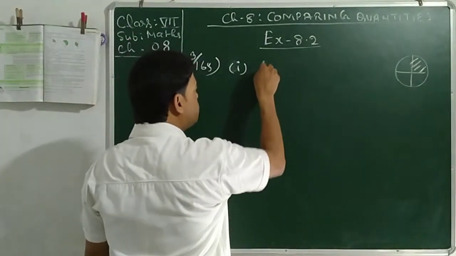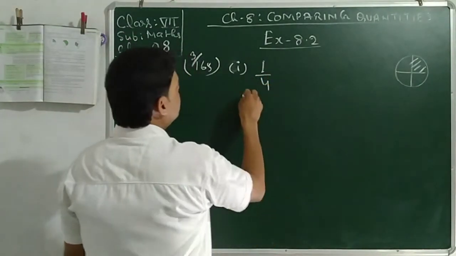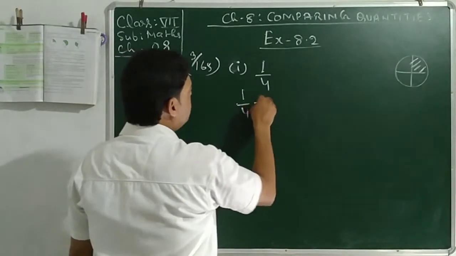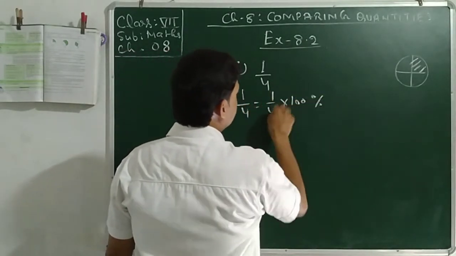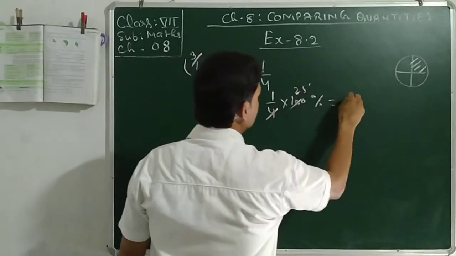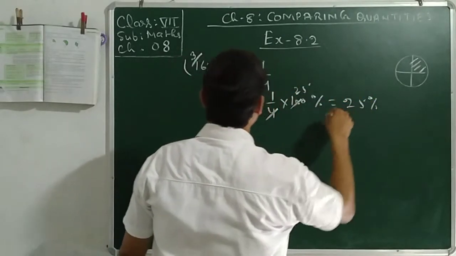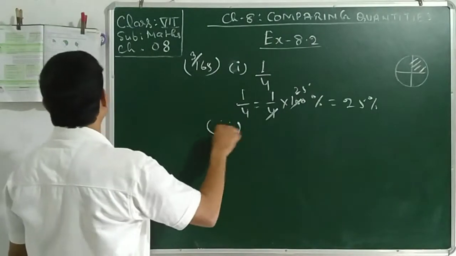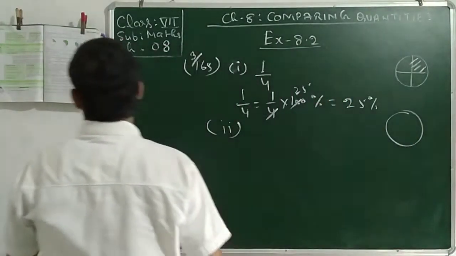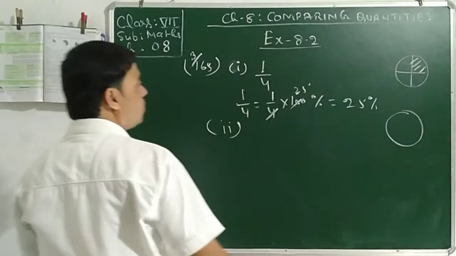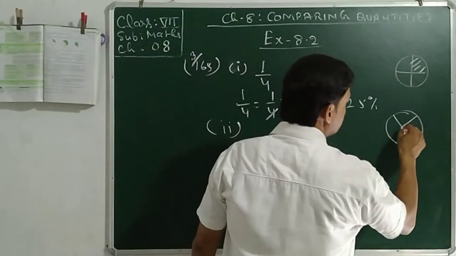The portion is 1 by 4 and 1 by 4 equals 1 by 4 into 100%. That will be equals to 25%. Similarly, in the second one, you will get that the figure is divided into 1, 2, 3, 4, 5 equal parts.